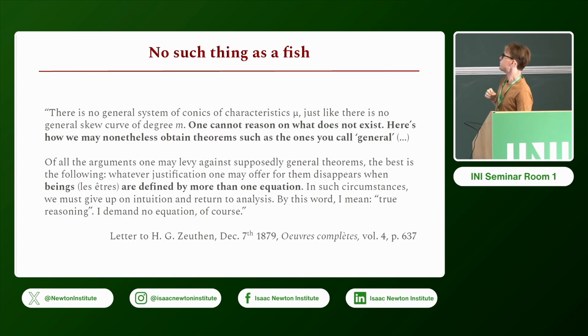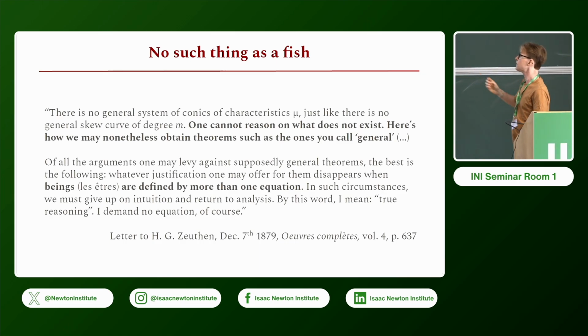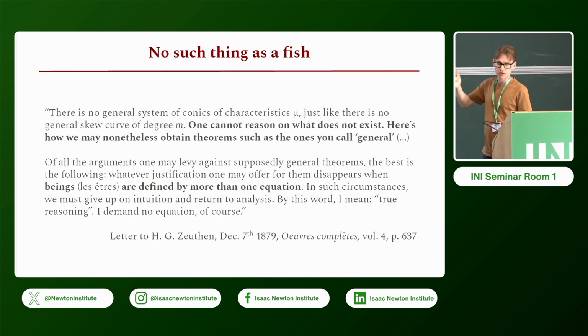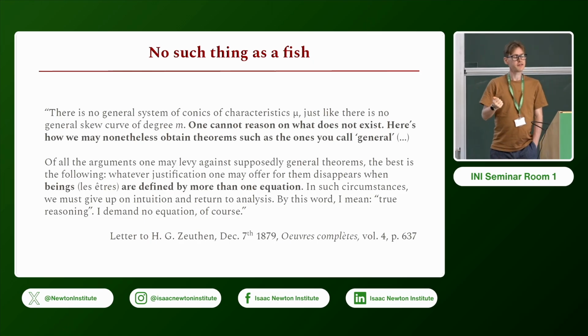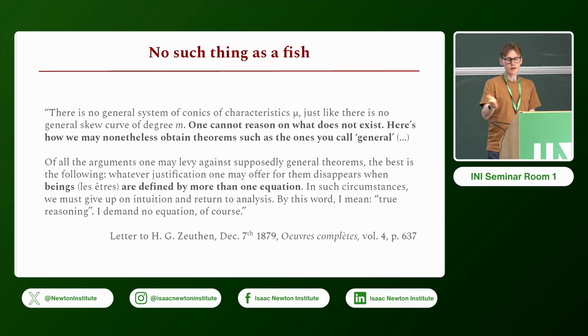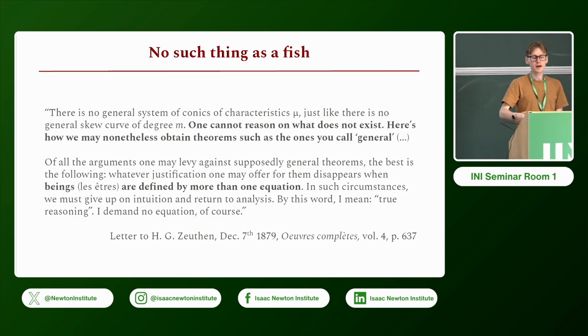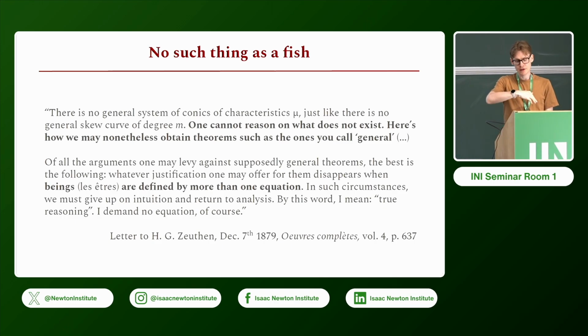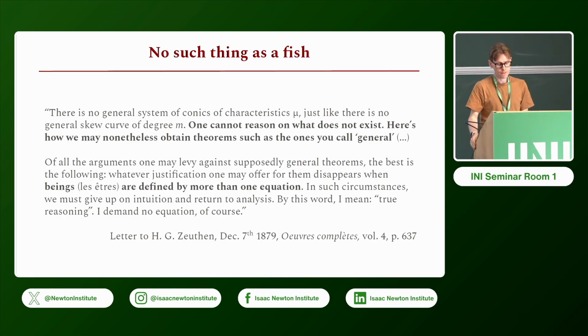Whatever justification one may offer disappears when these beings, les êtres, are defined by more than one equation. And because these objects are ill-defined, there's a sort of leeway. We can choose to represent them by one equation or the other, and this leads the theorems to crumble. They have no solidity to them.